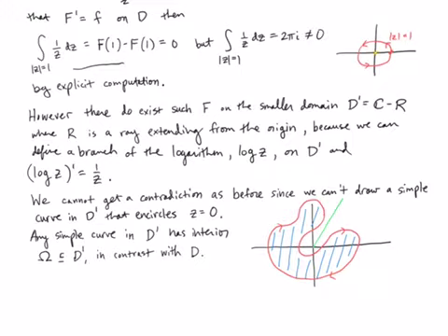Okay, so the key thing is that in this smaller domain D prime, if you draw a simple curve in it, the interior of that simple curve, which I've illustrated in this picture here, lies in the domain D prime. This is in contrast to the domain D, where for any simple closed curve going around the origin, the interior of that curve has points that are not in the domain, right?